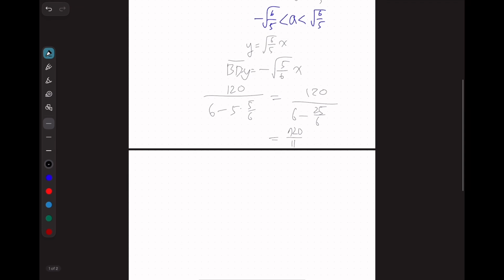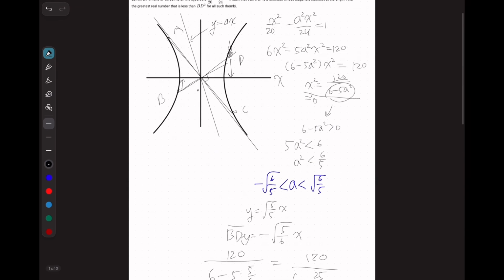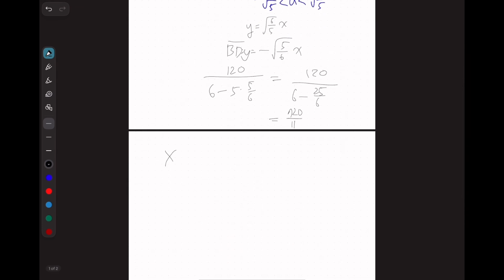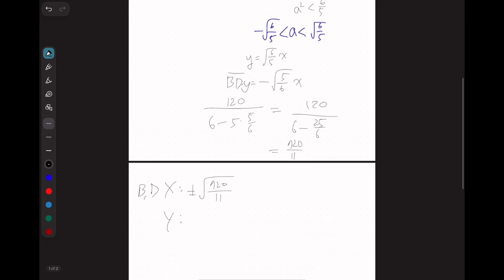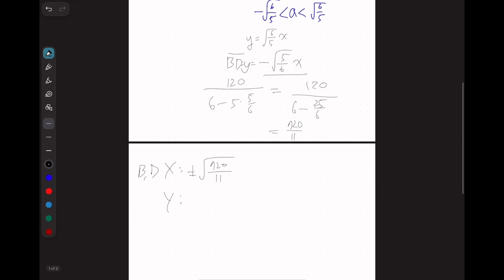Therefore, the x value for B and D is plus or minus square root of 720 over 11. Now the y value, just put it into this equation, should be plus or minus square root of 600 over 11.